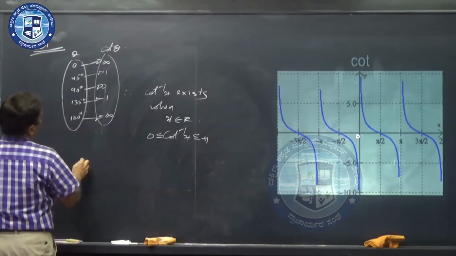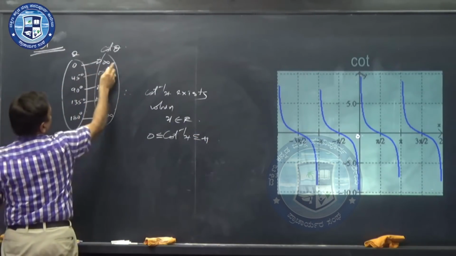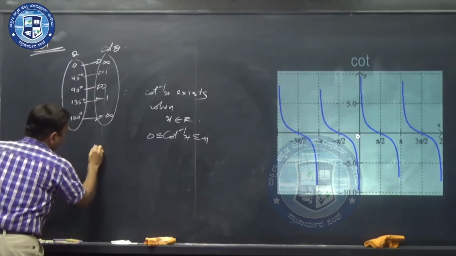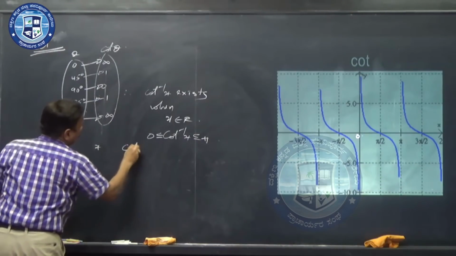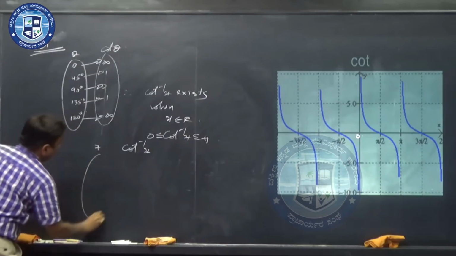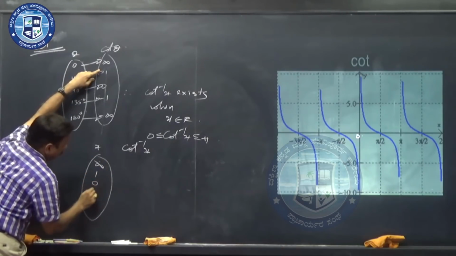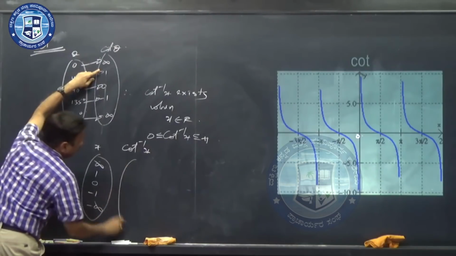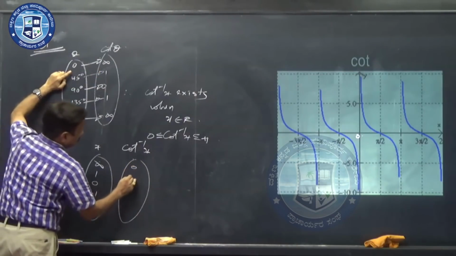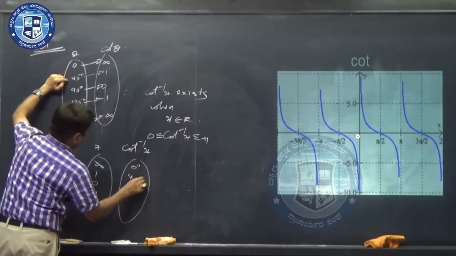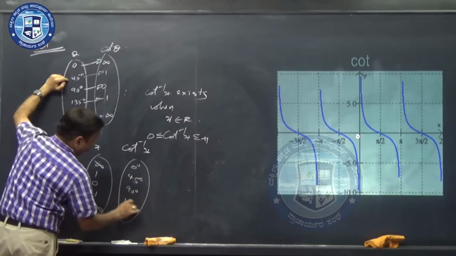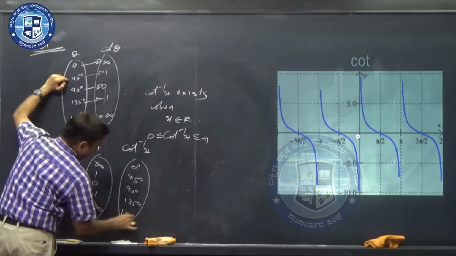Furthermore, how do you write this now? Come on, x and cot inverse x. Look at this, x values are infinity, 1, 0, minus 1, minus infinity, and cot inverse x is 0 degree, 45 degree, 90 degree, 135 degree and 180 degree.